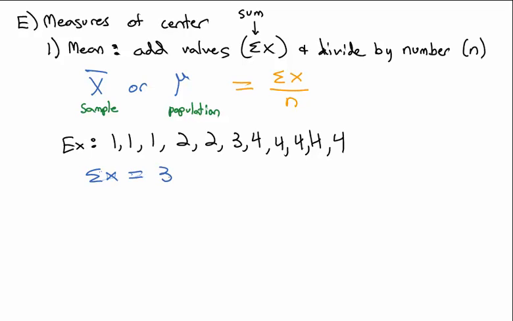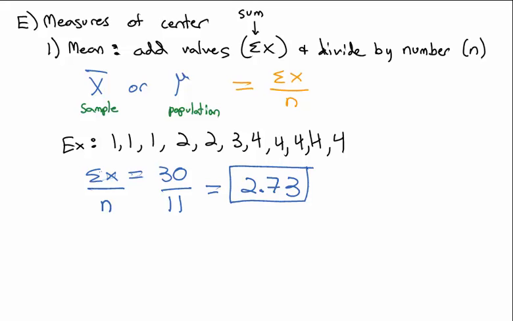We sum those all up, we get 30, and then we divide by the number of things there are. 1, 2, 3, 4, 5, 6, 7, 8, 9, 10, 11. There are 11 values, so we divide by 11. 30 divided by 11 is going to give us an average, or a mean, of 2.73, approximately. Probably should have labeled that example A, because I do have an example B also under that.